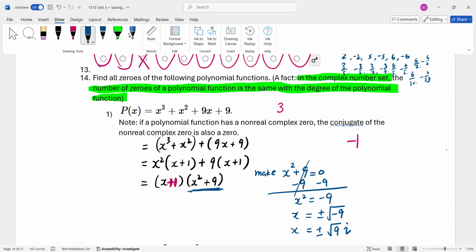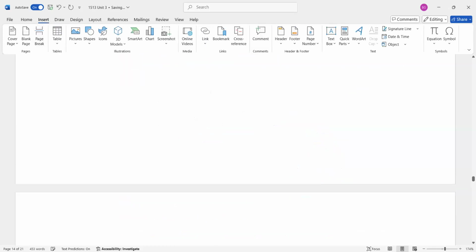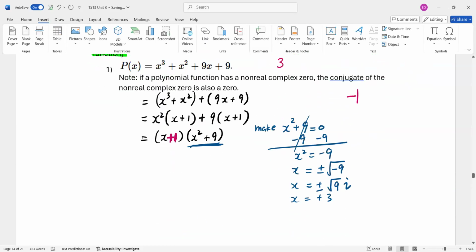Square root of -9 is square root of 9 times i. I hope you remember this. And x equals plus minus 3i.